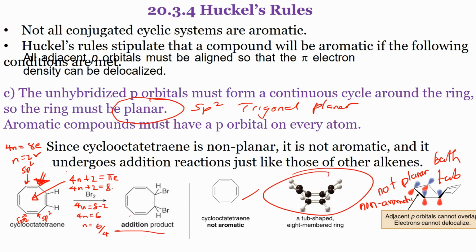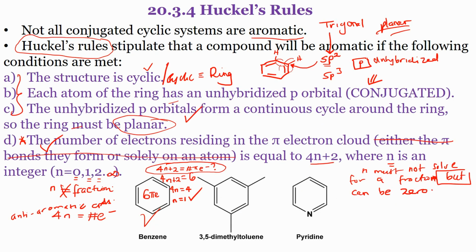It's a tub shape, so it's failing rule number 3. And in turn, because it fails planarity, it's going to fail conjugation, because for a structure to be conjugated, those sp2 carbons must be on the same surface, flat and planar.